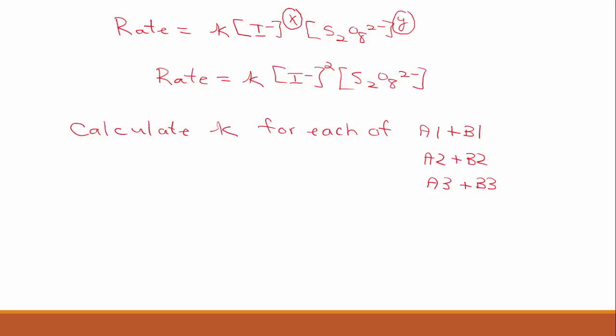Like I said, you know this concentration, you've calculated this, you know the rate, so the only unknown value to solve for is k. Just rearrange and calculate for k.